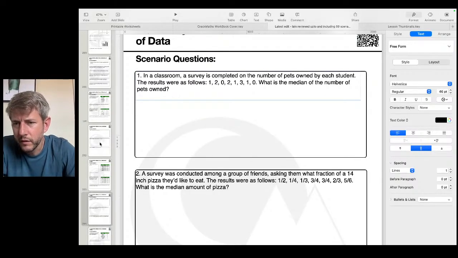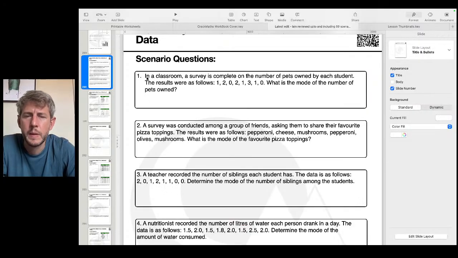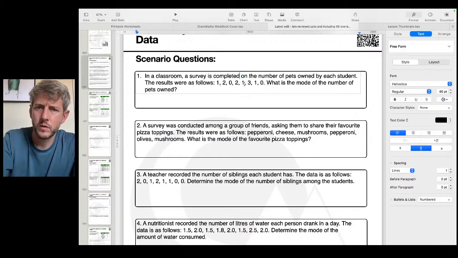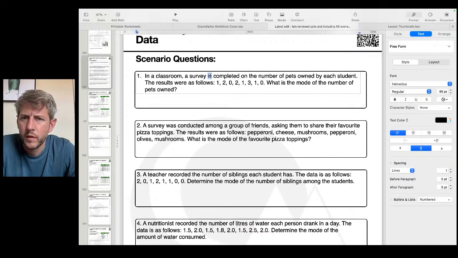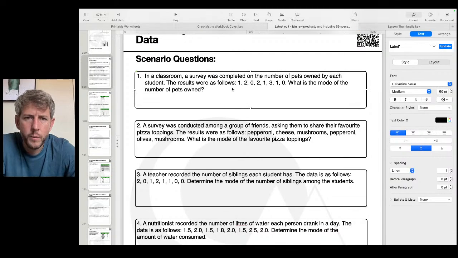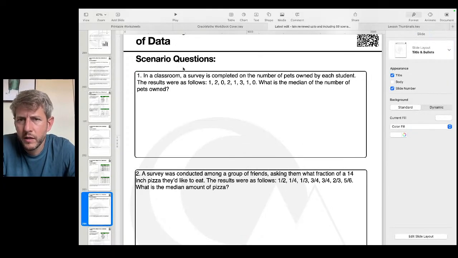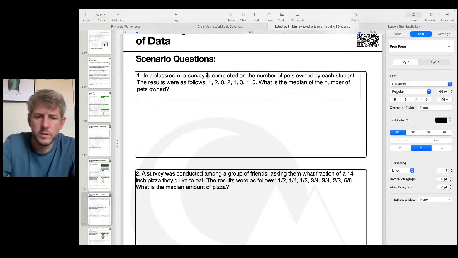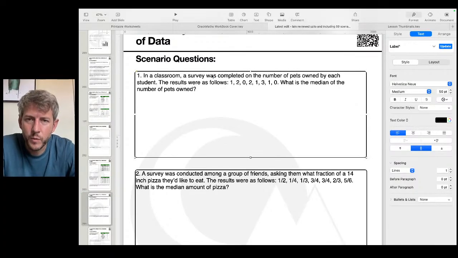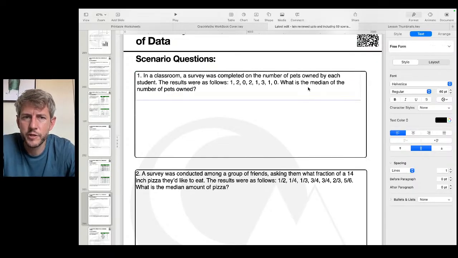Okay, and then while we're there, let's quickly fix that here. In a classroom, a survey was completed on the number of pets owned by each student.